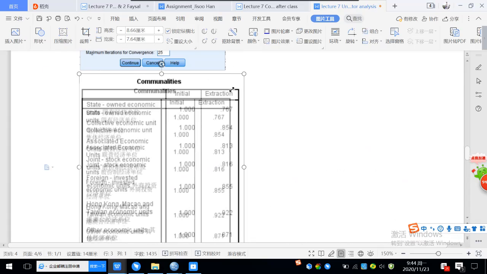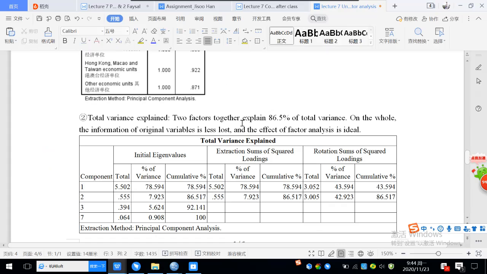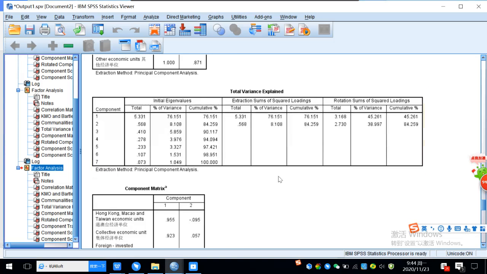Okay, I make it smaller. Okay, so let's look at here. Here is the total variance explained.